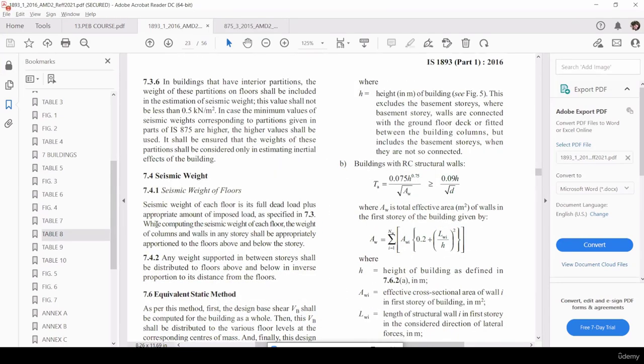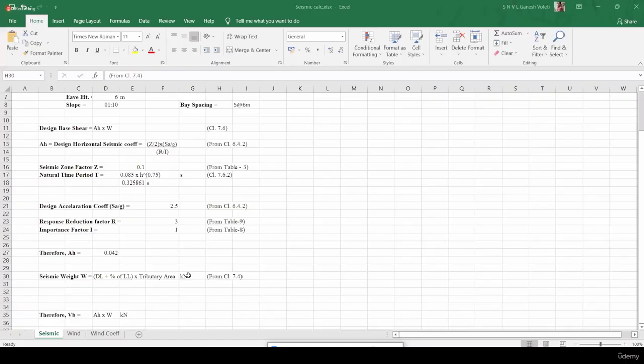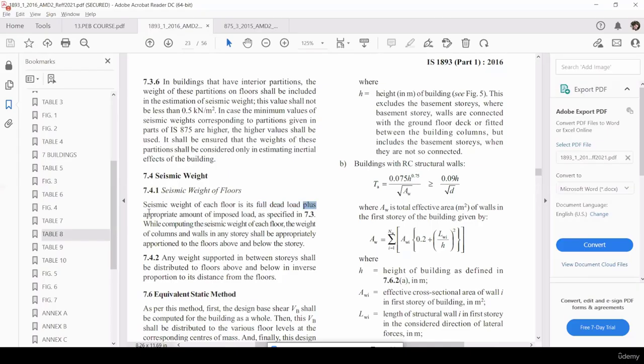Here, seismic weight of floors. So what has been written in this? Seismic weight of each floor is its full dead load, you can observe, full dead load, plus an appropriate amount of imposed load.